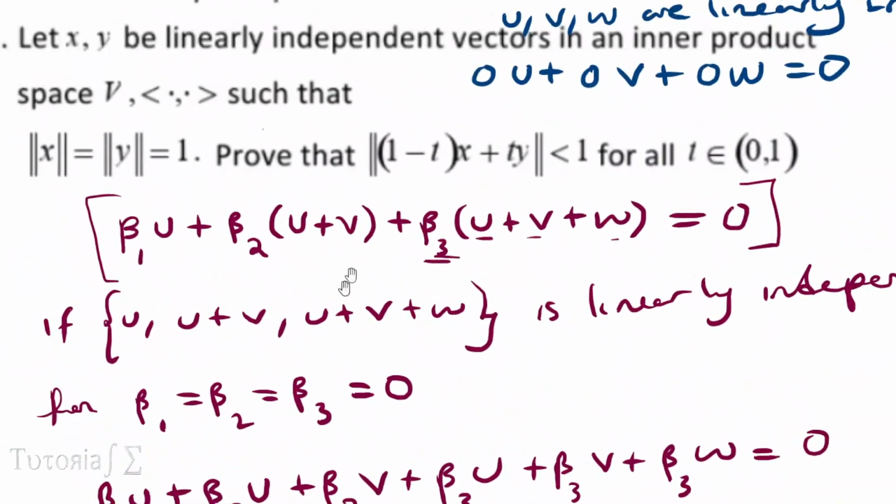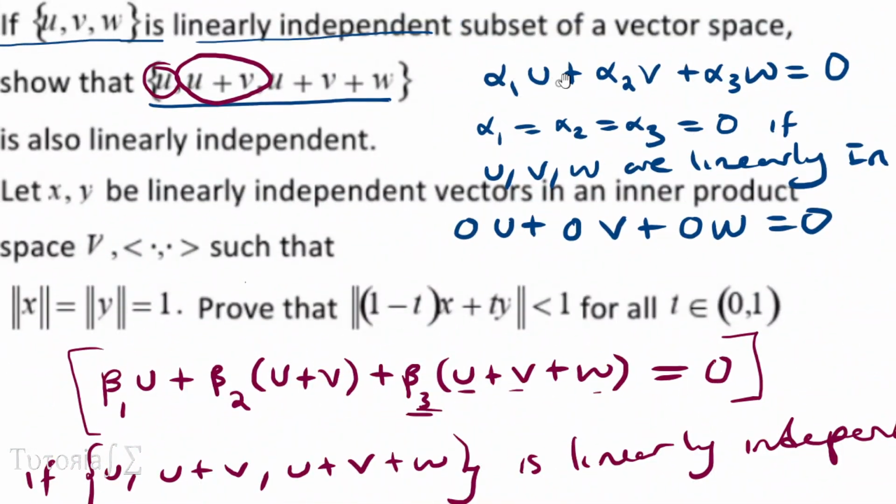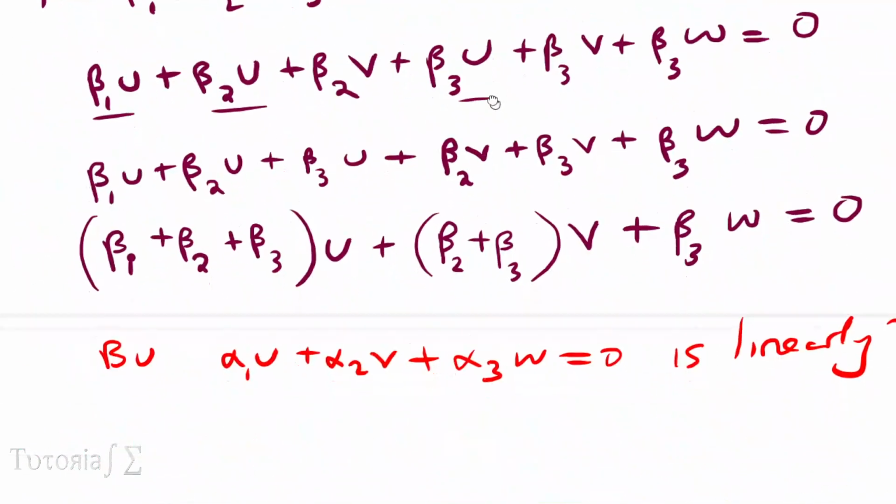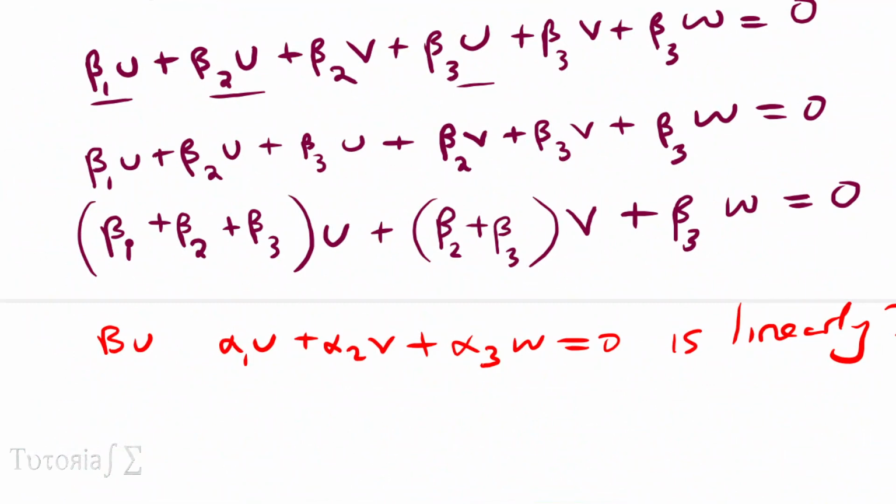Since this is linearly independent, what are the values of the alphas here? They are 0. So 0 u plus 0 v plus 0 w is equal to 0.